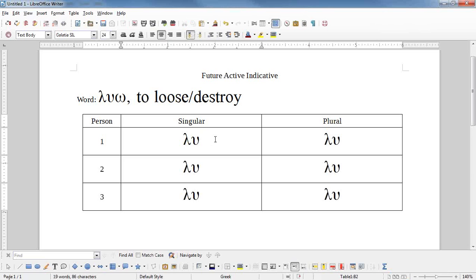Now the next thing I want to add after the stem is technically known as a tense suffix. It is simply a sigma after the stem, an S, and this sigma occurs after the stem in every form. So copy, paste, paste.